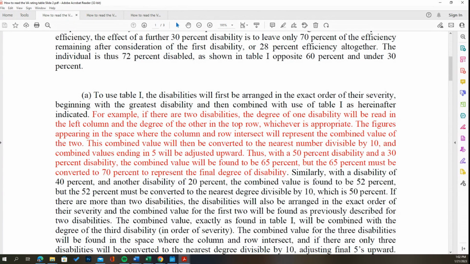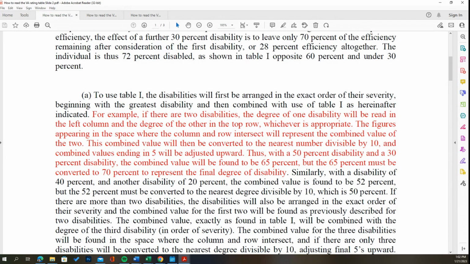Okay, so in this example, it says if there are 2 disabilities, the degree of one disability will read in the left column, okay, the left side, we'll get to that in a minute, and the degree of the other in the top row. Okay, so you have a left column and a top row, whichever is appropriate.